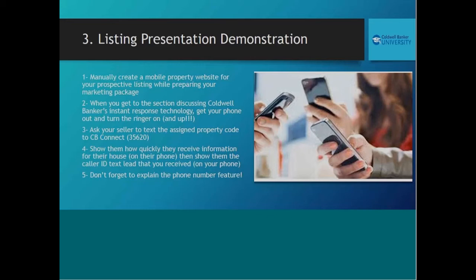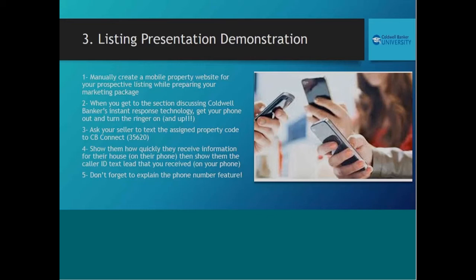So when you get to the section in our listing presentation that is discussing Coldwell Banker's instant response technology, it's fun to get your phone out, turn your ringer on so they can hear that text message come in, and have your seller or your prospective seller get out their cell phone and tell them about this system. Say, hey, Mr. and Mrs. Seller, we really pride ourselves in having the state-of-the-art technology that sets your listing apart and sets us apart as agents in our industry.